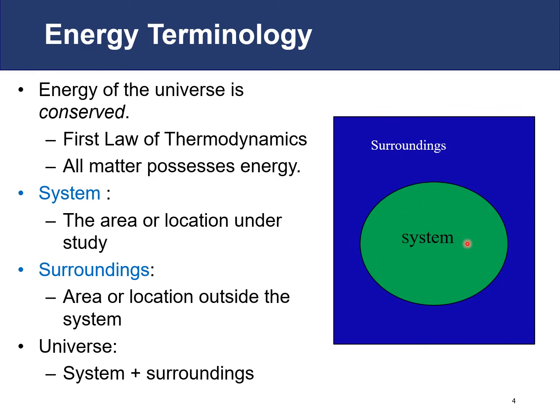So the system is the area or location that we are studying, and the surroundings is the area or location outside of the system. The universe is essentially the system plus what is not the system, which is the surroundings. So the total energy of the universe would be the system plus the surroundings.